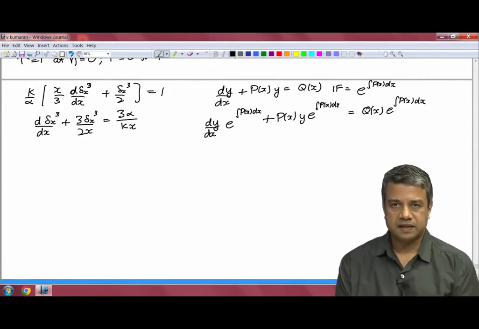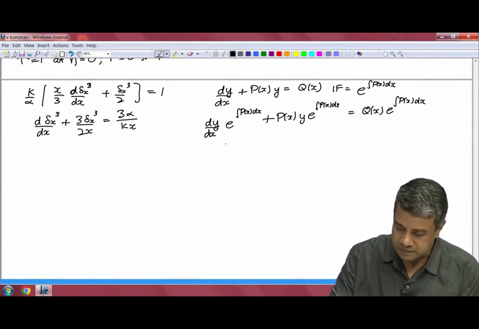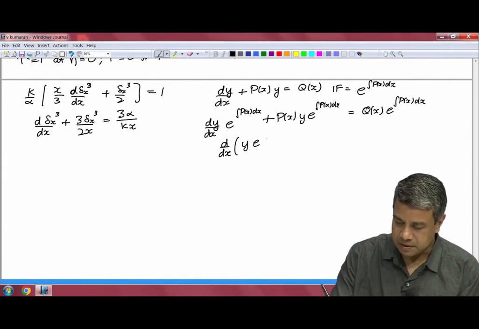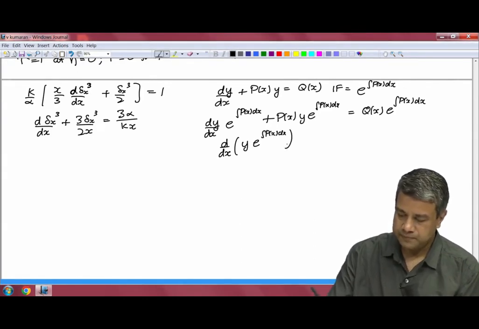And the left side is an expansion of the derivative d by dx of y times e power integral p of x dx.